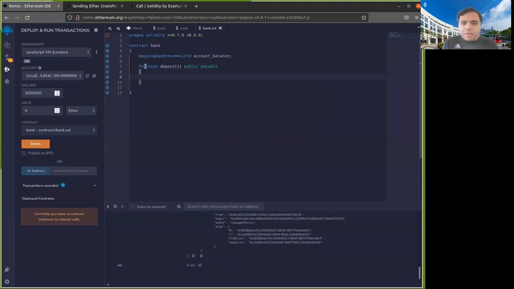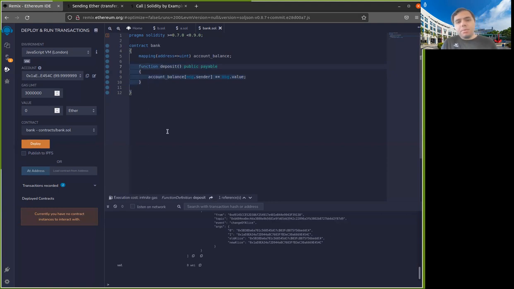And what I want to happen here is that I just want to say the account balance of the person who's paying this money, which would be msg.sender, should be increased by the value of the money that was sent. So that's msg.value.